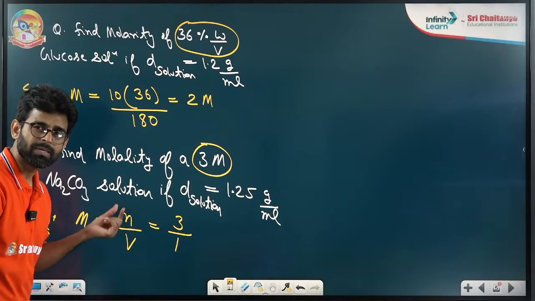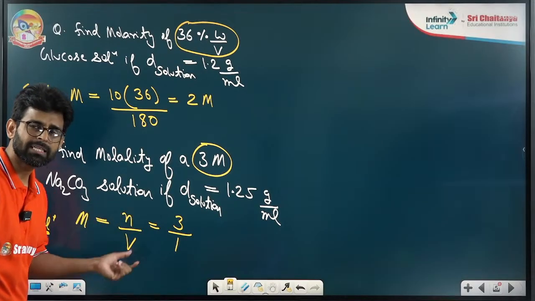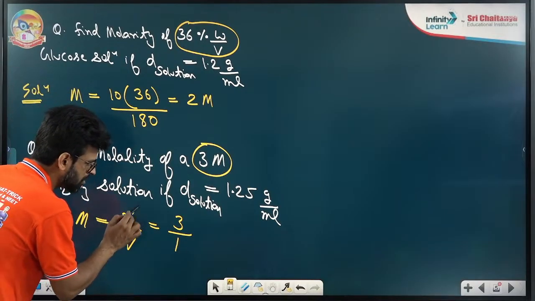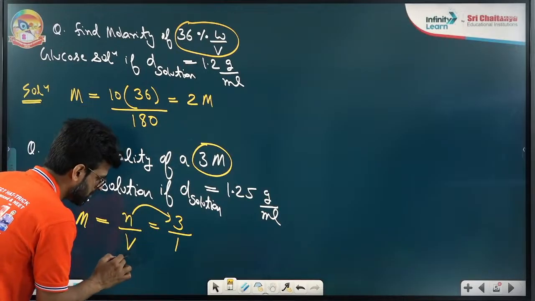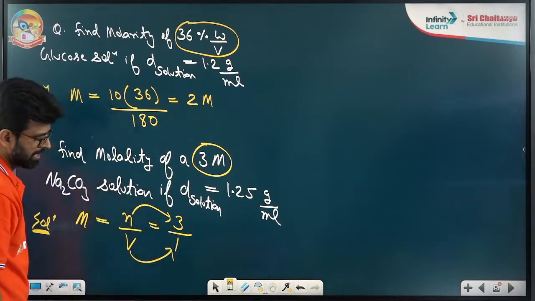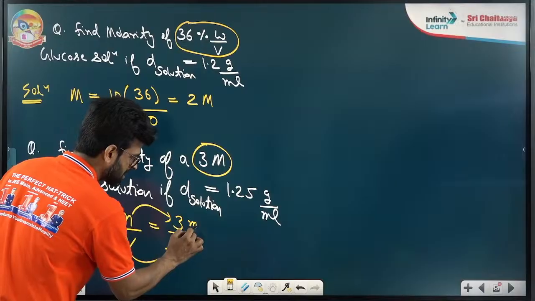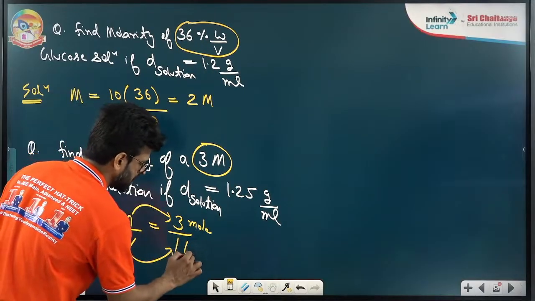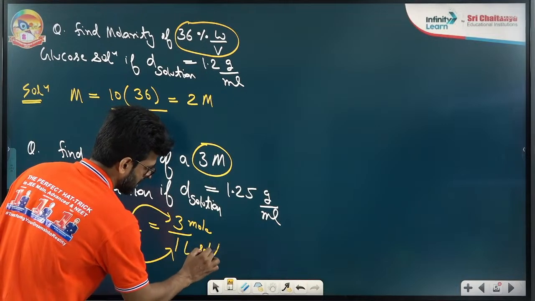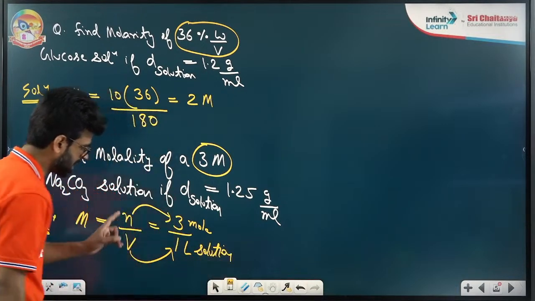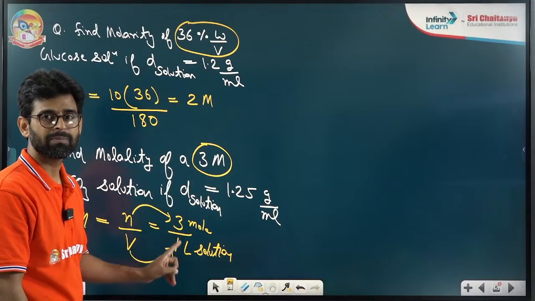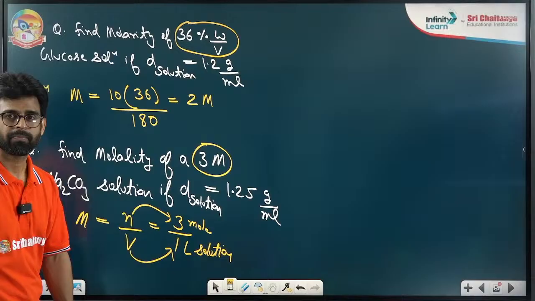Equate the numerator and equate the denominator. So from here I can say I am having 3 moles of solute and the solution volume is 1 liter. From the molarity formula I can understand this part: 3 mole of solute are present in 1 liter of solution.